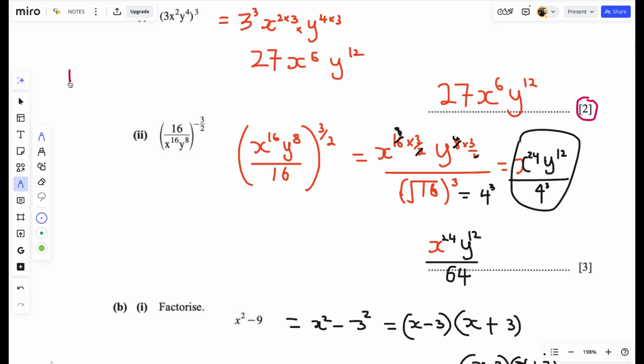It means 1 all over 16 over x to the power of 16, y to the power of 8.